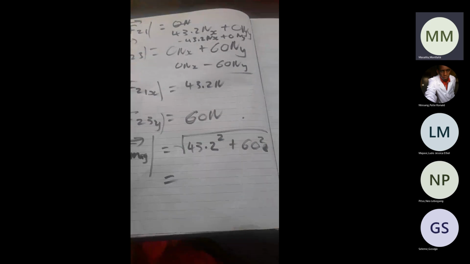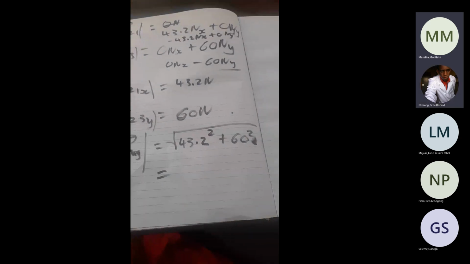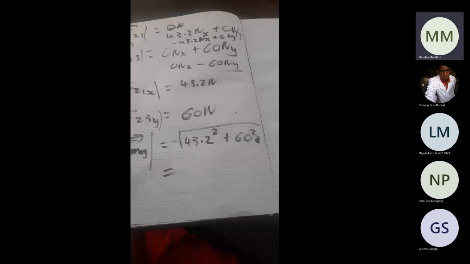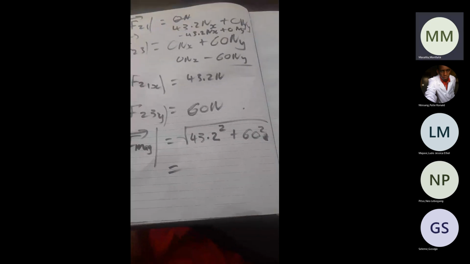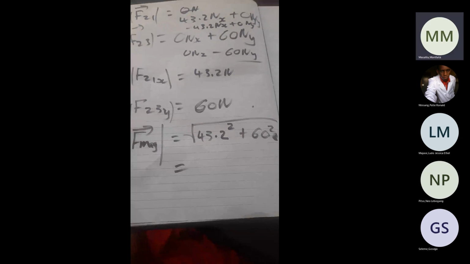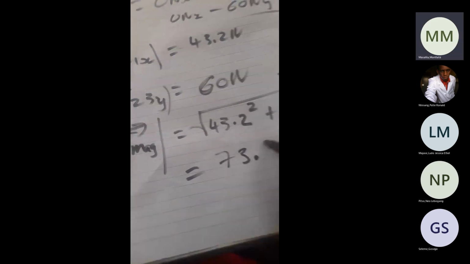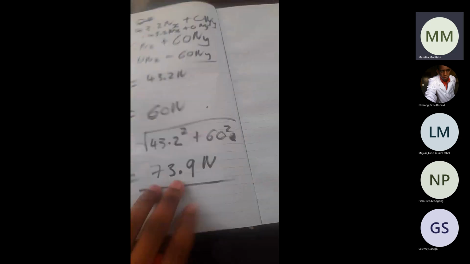Silence means people don't understand. So 43.2 squared plus 60 squared, square root of that, we have 73.9 newtons. And this is our magnitude.